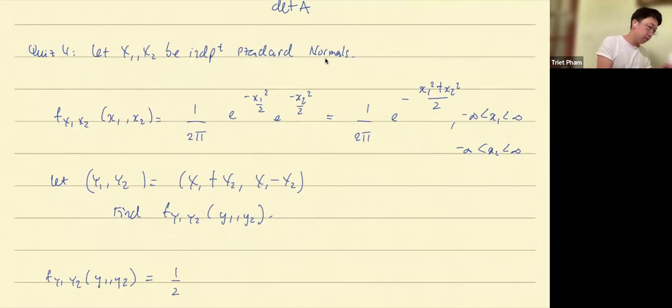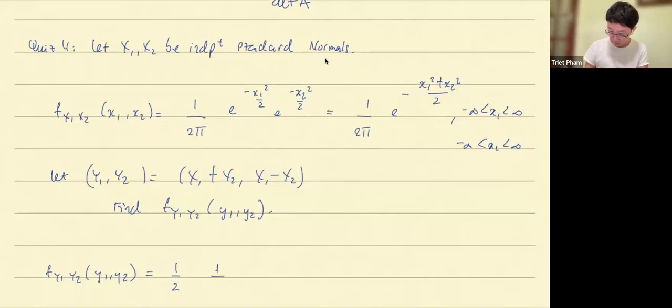And then the 1 over 2 pi. Now we need to do this in terms of y1, y2. Well, how do you do that? Well, y1, y2 is this, right? So here's a neat trick, I guess.